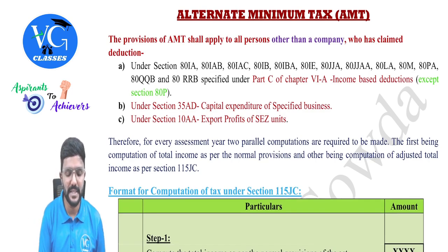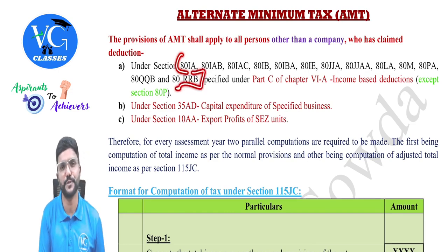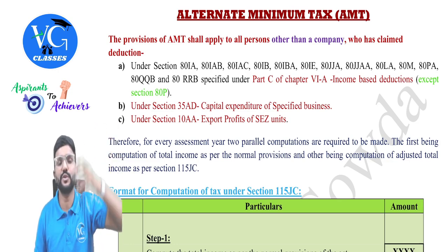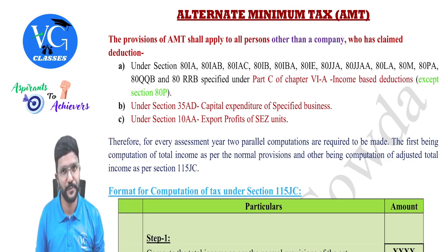Whereas, if the assessee has claimed deduction under any of these sections, AMT will be applicable, meaning along with normal provisions, we should also apply AMT provisions.